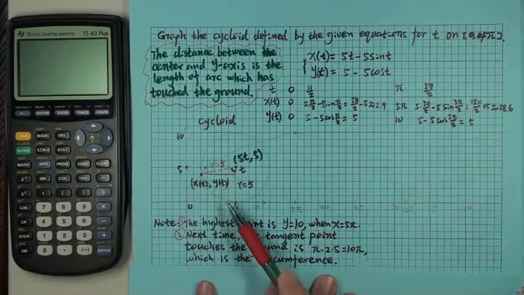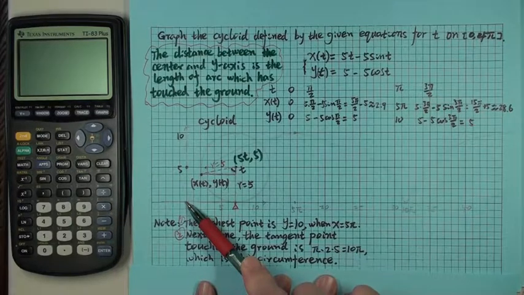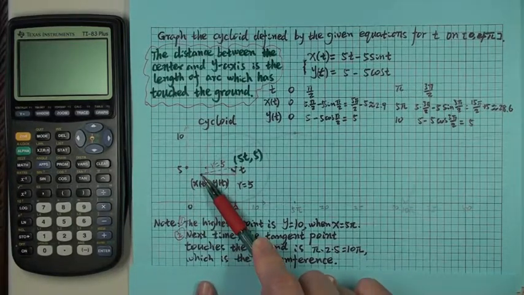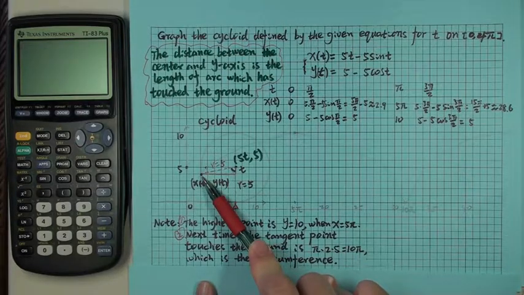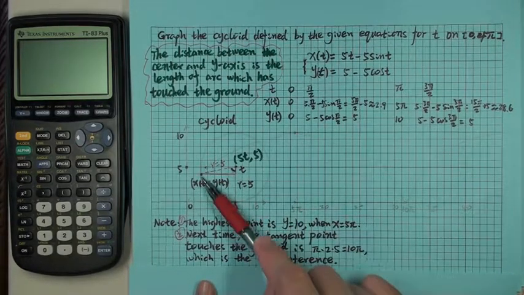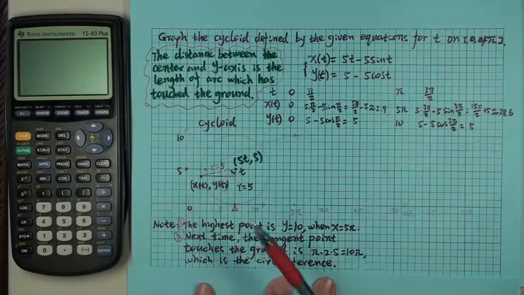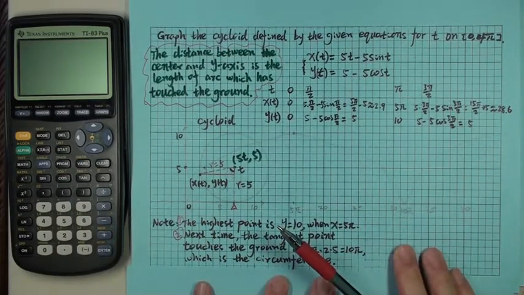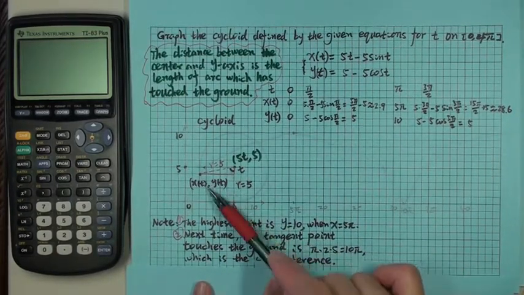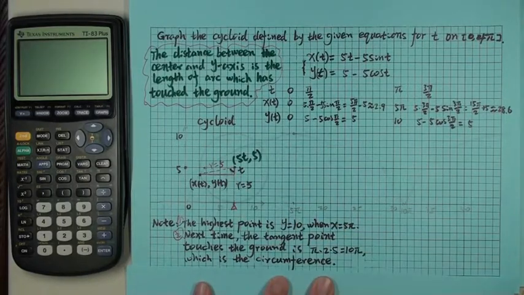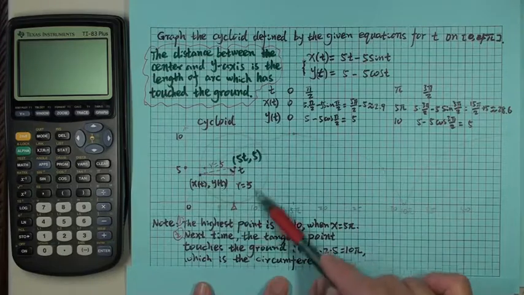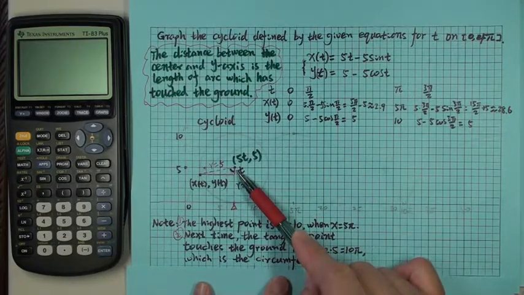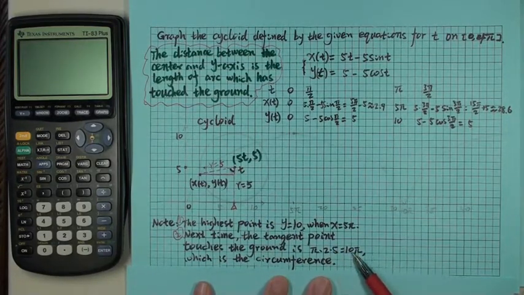This point was here. The next time it touches the ground is when every point on the circle has touched the ground. Then it is the length of the arc of this circle. How long is the circumference? The circumference is pi times the diameter.